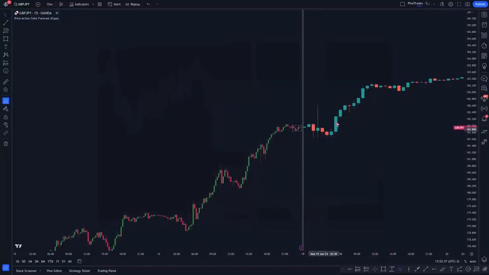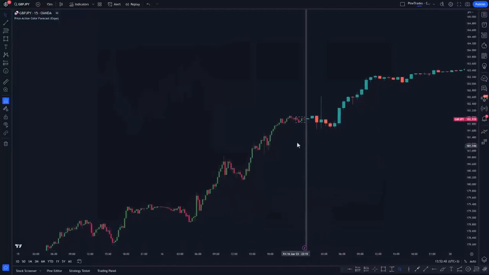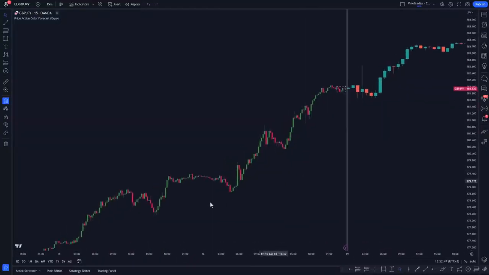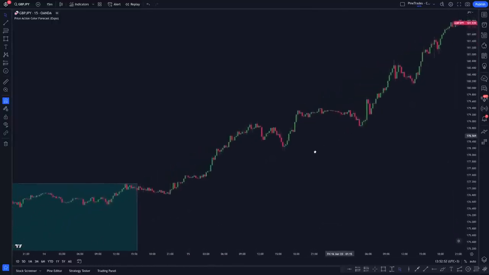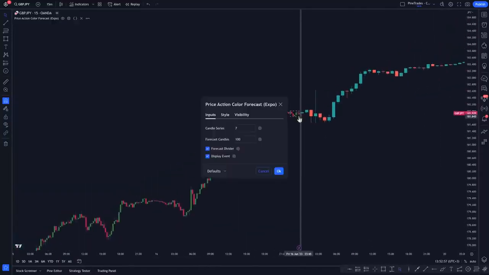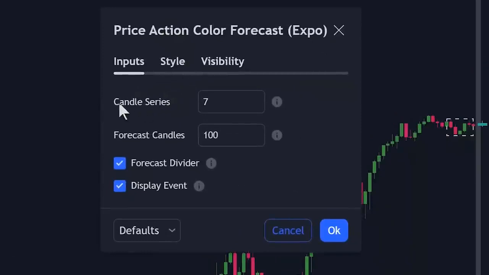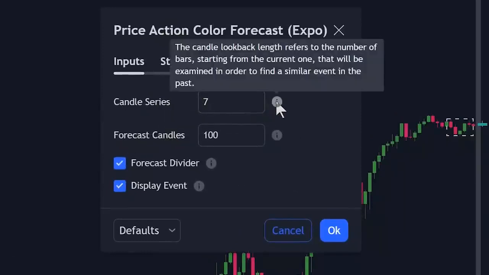The Price Action Color Forecast is a trading tool that uses historical price action and candlestick patterns to predict future price movements. The input settings of this indicator includes the candle series and the forecast candles. The candle series setting refers to the number of bars or candlesticks starting from the current one that the indicator will examine to find a similar event in the past.